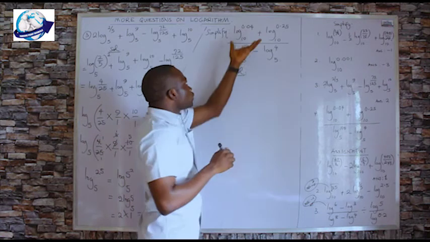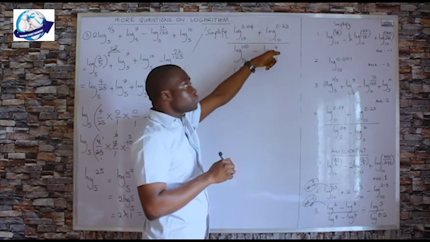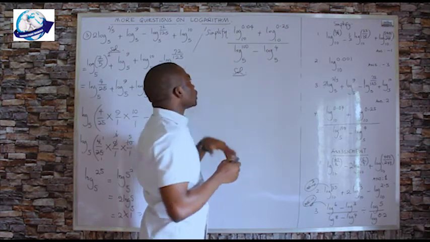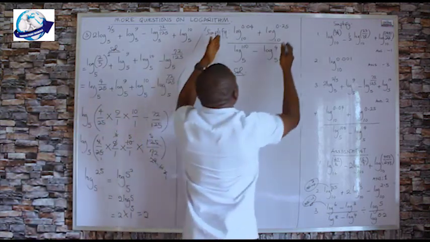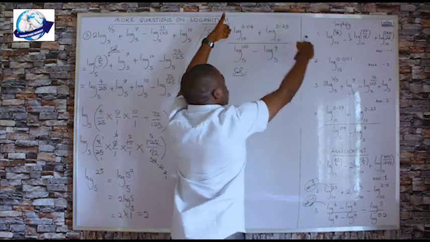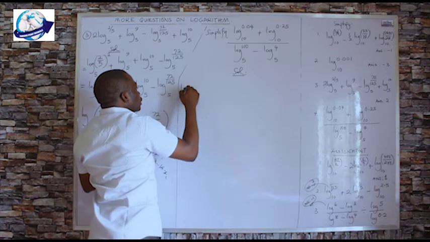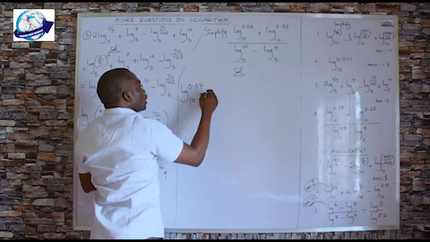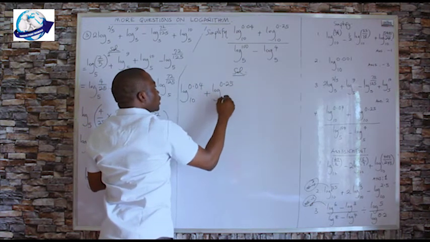Okay, can we just quickly start? Looking at the numerator, you see that the logarithm base is the same. Then the denominator has base 5. So we can do it in a straight way. We can bring up the division in a horizontal manner, like log 0.04 base 10 plus logarithm 0.25 in base 10.